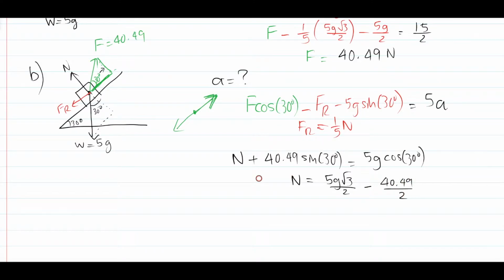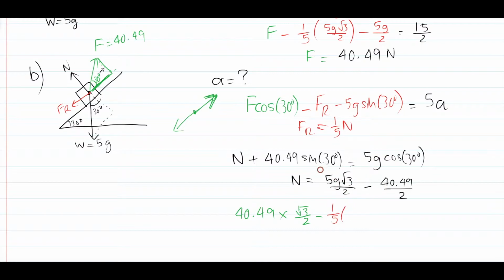Okay, so once you get your normal force, you can bring it back into your friction and then chuck in all your values and solve for a. So let's have a go. We have F cos 30, which is 40.49 times cos 30, which is root 3 on 2, minus friction. Friction is in this case 1/5 of our normal force, so I'll just write here 1/5.